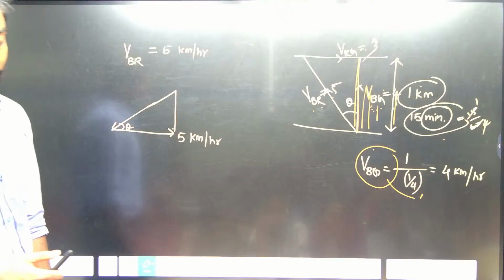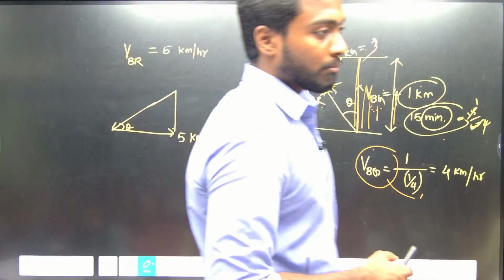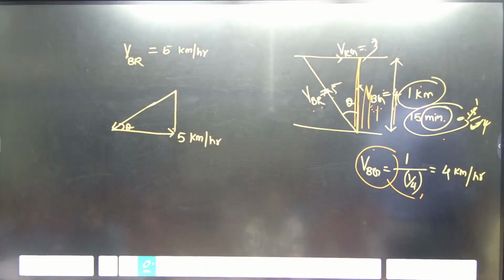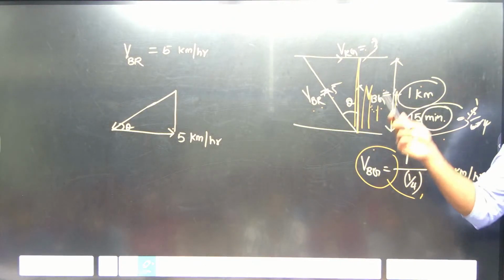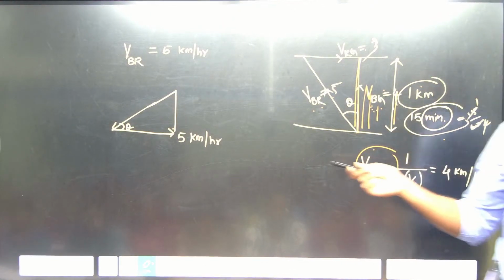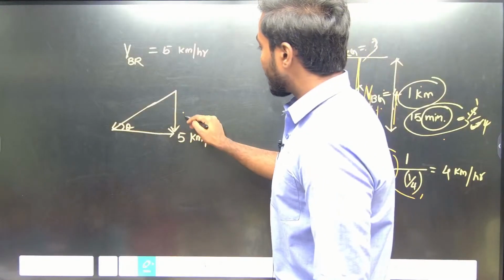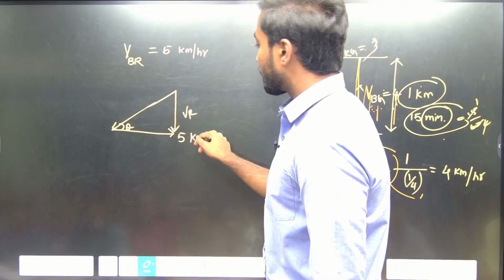Then what will be the answer? The rain is falling vertically downwards, right? So this is my velocity of the rain, and the velocity of the man.